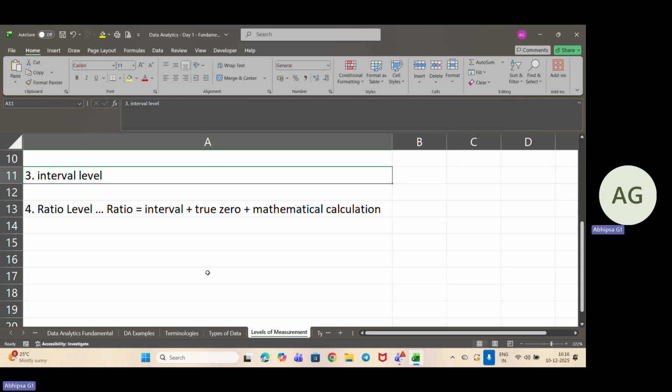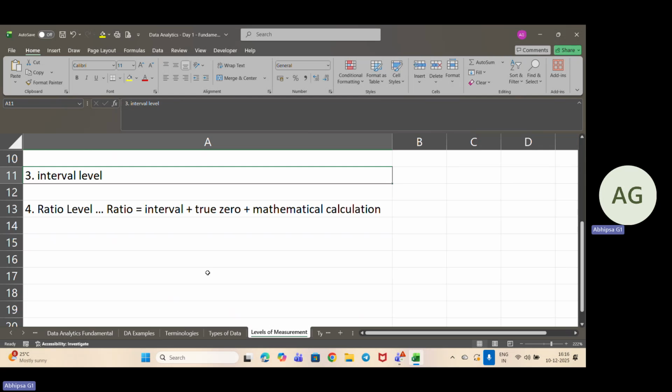So nominal is only names, like organizing crayons by color: red, blue, green. Next is ordinal: order but no distance, like ranking students by height without measuring it exactly. Next is interval: equal spaces, no real zero, like the temperature scale.